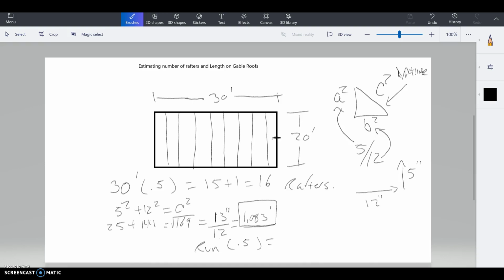My run is half the distance, so 10 times 0.5 equals 5 times 1.083. So that's going to equal my theoretical length of my rafter.